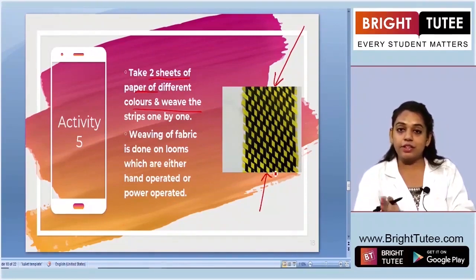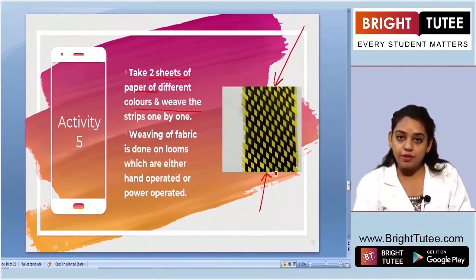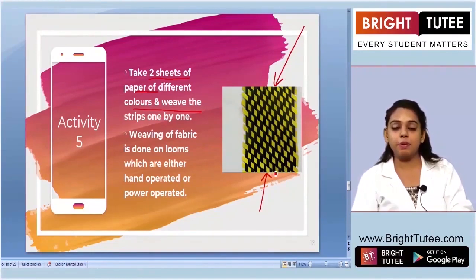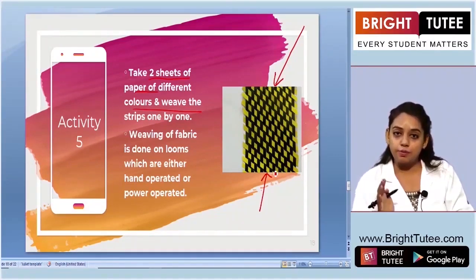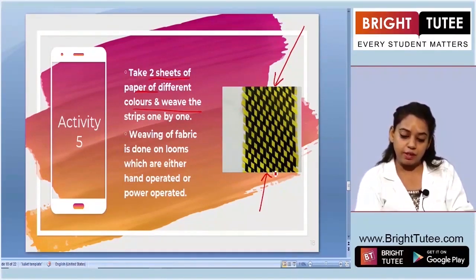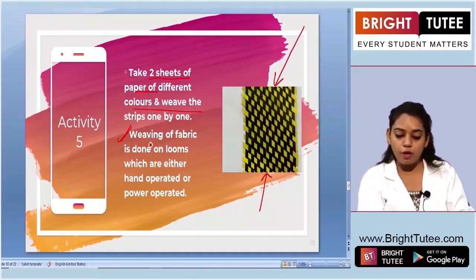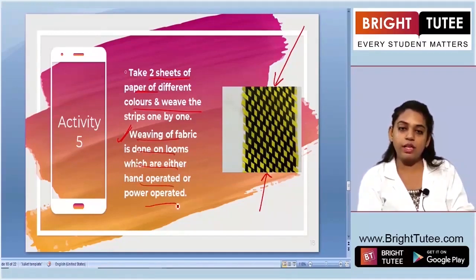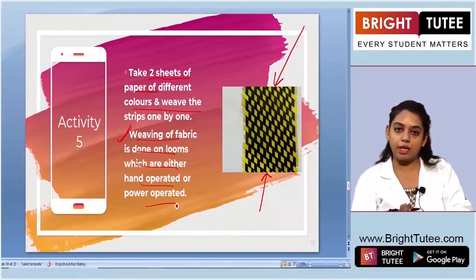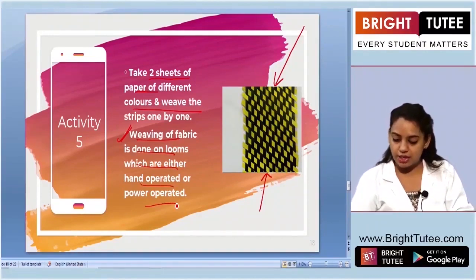Earlier this was done by hand, and even today some people prefer hand woven products. Nowadays we also have machine operated looms for weaving. Earlier only hand looms were available, but now it can be done with the help of machines as well.